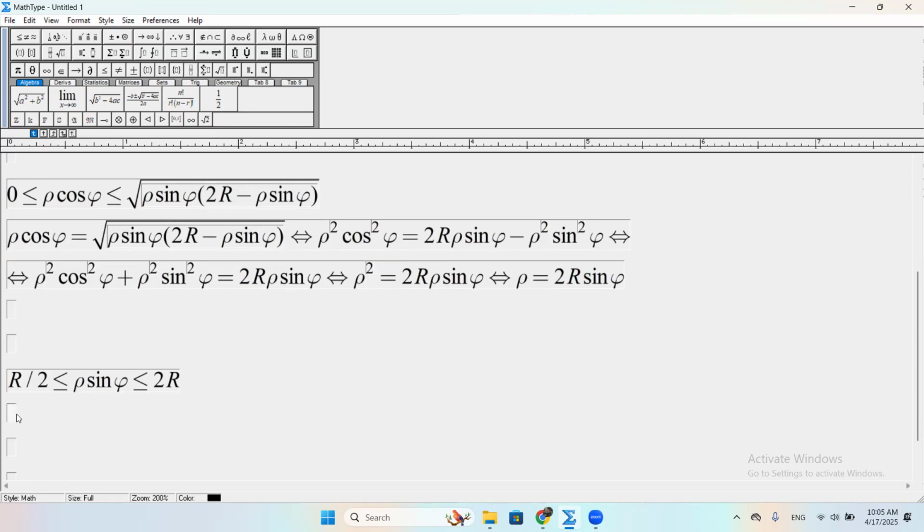ρ sine of φ, if it equals r over 2, then ρ equals r over 2 sine of φ.